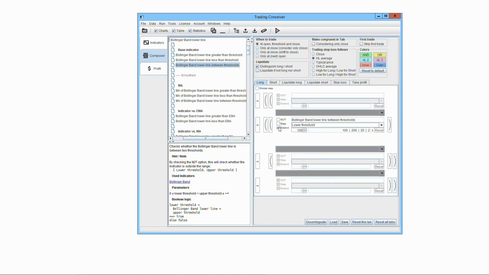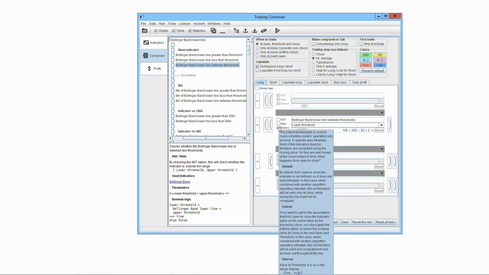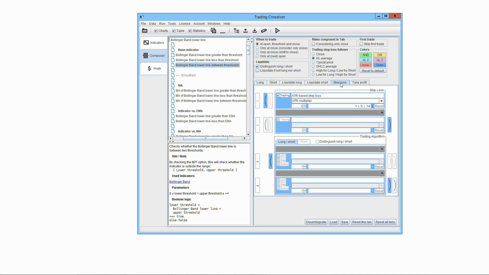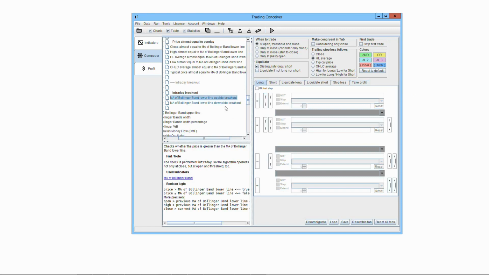This extends the close value, making it valid even for the next open and intraday. Stop losses have the following checkbox. Trailing. If checked, the stop loss is trailing, that is, follows the price. The take-profit algorithms don't have checkboxes. For algorithms operating not only at close but also intradaily, an eye appears signaling that.